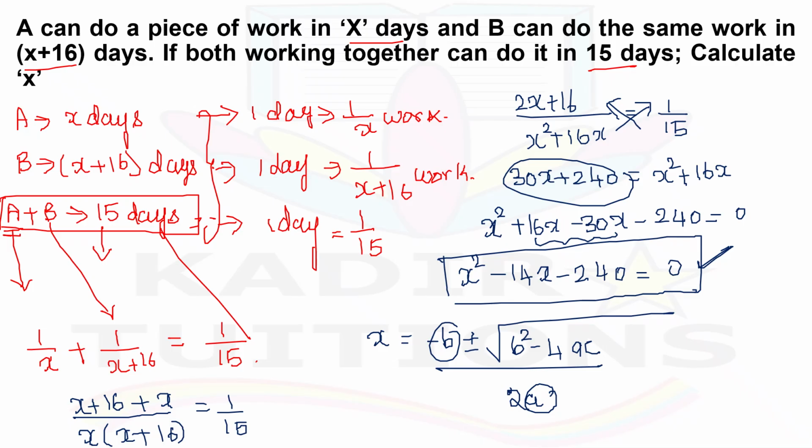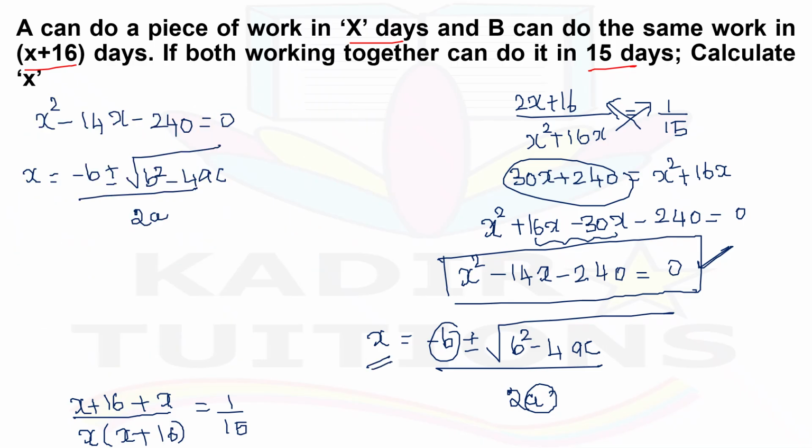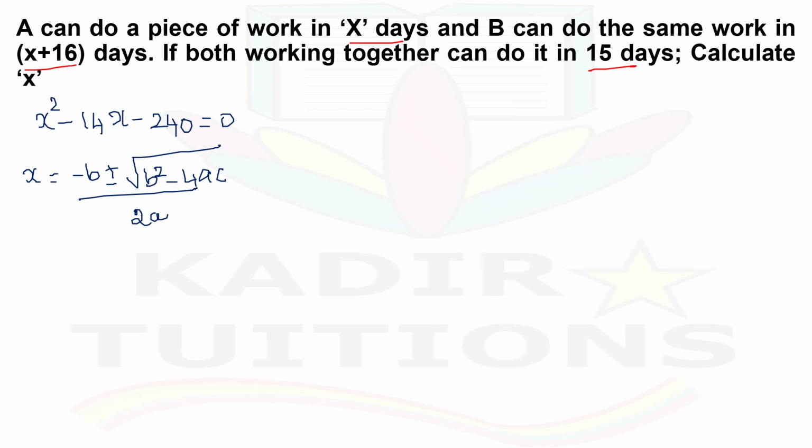It's not a coefficient, it's a constant. So we are going to apply all these things and find the value of x. First, let's write the values of a, b, c. a equal to 1. And what about b? It's the coefficient of x, which is minus 14. And c is a constant, which is minus 240.